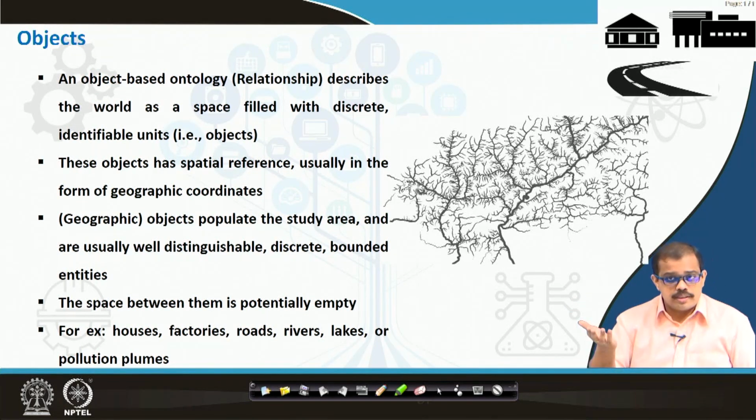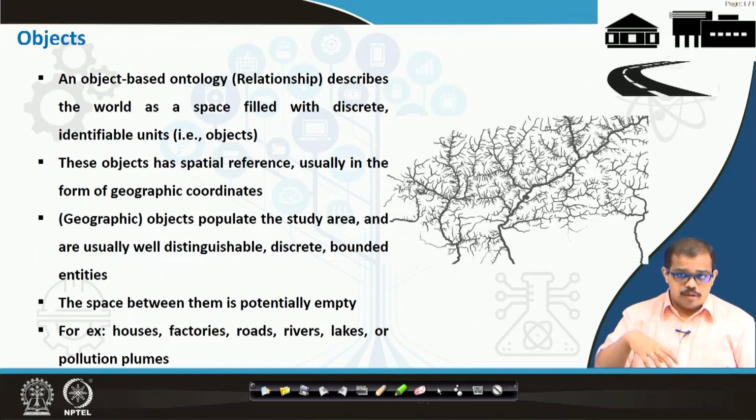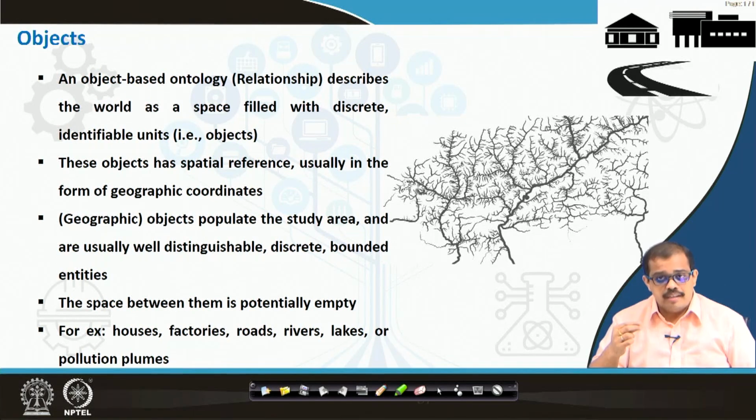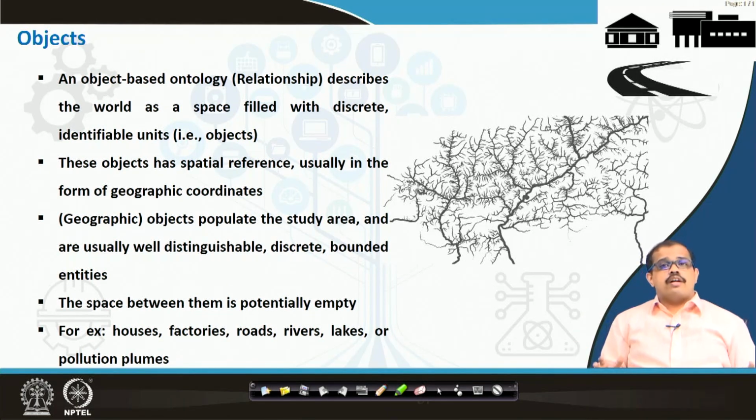Now we have geographic objects. There are three different objects in that image, but when you add a geographic value to it, it becomes a geographic coordinate, and these geographic objects populate the entire study area. Most importantly, with geographic coordinates, you can distinguish each and every object.